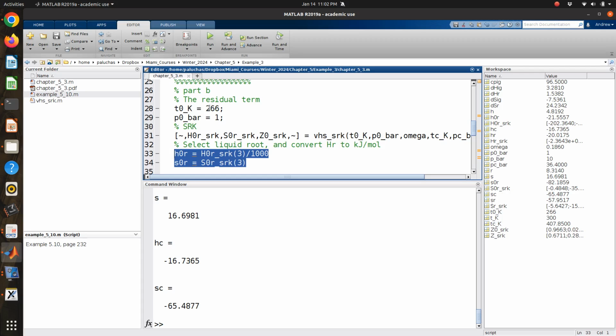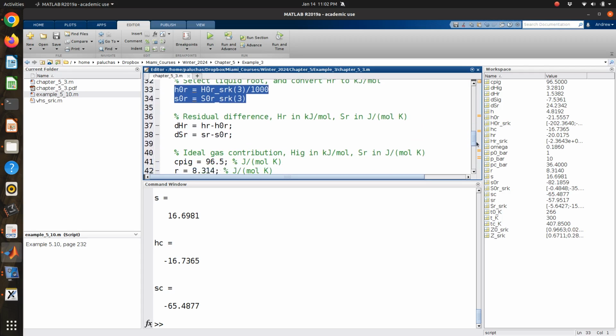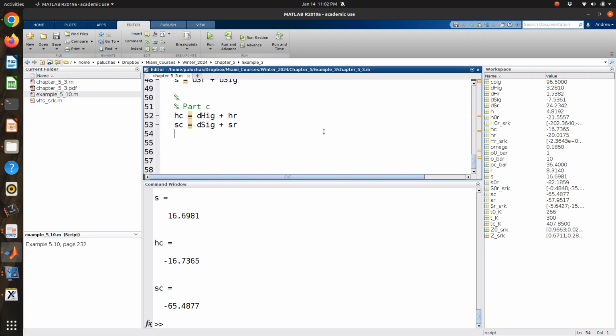This is my saturation pressure at 266 Kelvin, or that's my saturation temperature at 1 bar, which is what we're given in the problem. So for part D, I'm going to paste this, and instead I'm going to do dH vap.